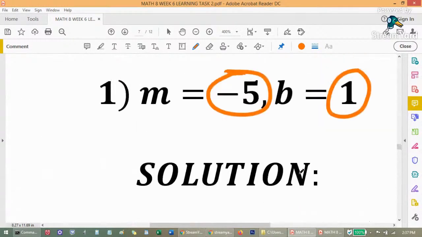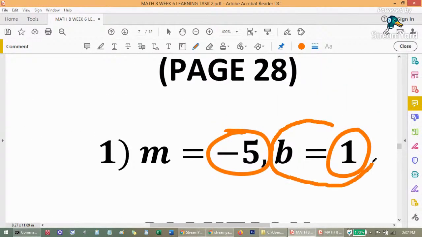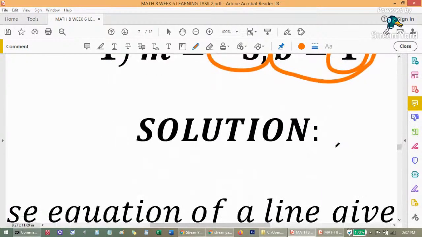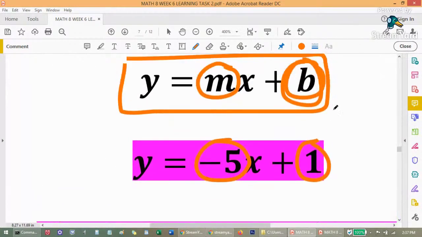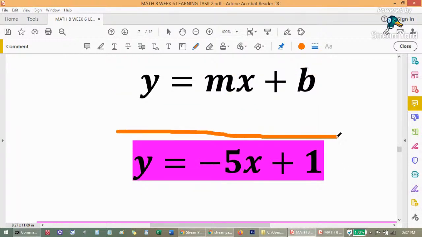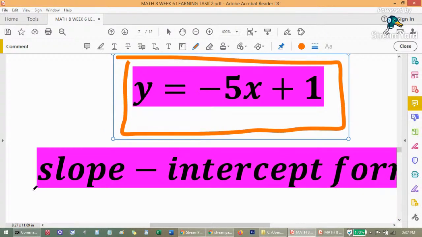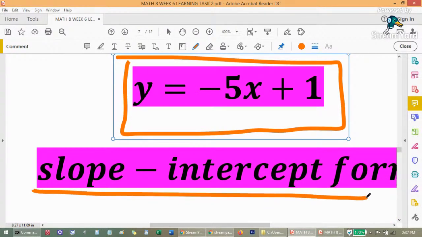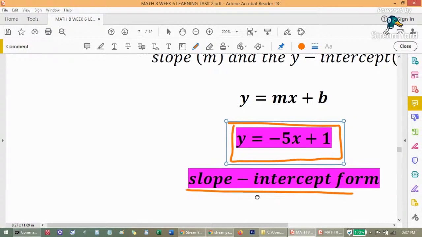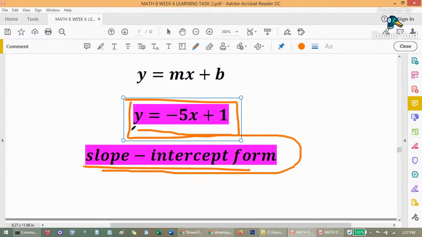Okay? Kasi sabi dito, b is equal to 1. Kaya itong b na to, ay pinalitan natin ng 1. But this is now the equation of the line. Pero this is in slope-intercept form.